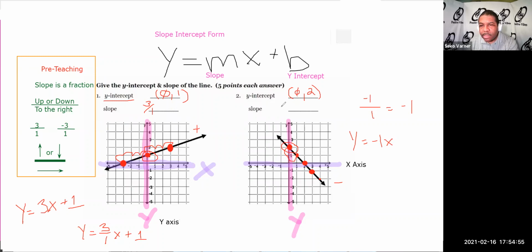And what's our y-intercept? It's 2. So for our slope, once again, we already figured that out. It's -1 over 1. Okay, good. So now we've done that. Good stuff.